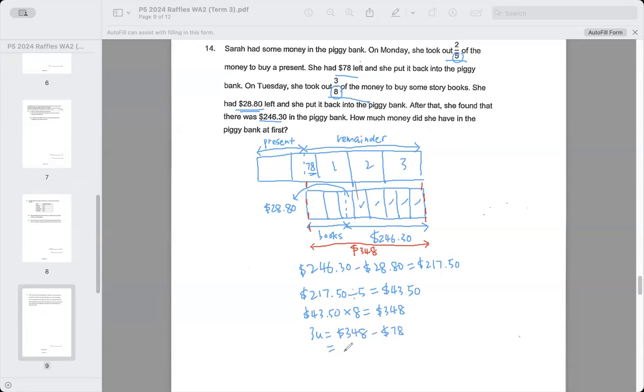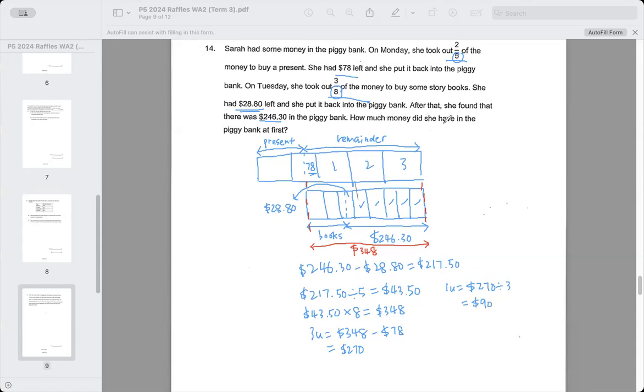With that, I will get $270 for the 3 units. We always have to find 1 unit. No space, I will continue here. For 1 unit, I take $270 divided by 3. 1 unit is $90.